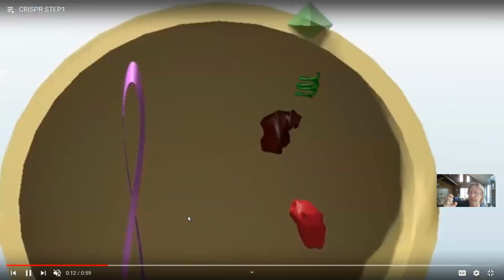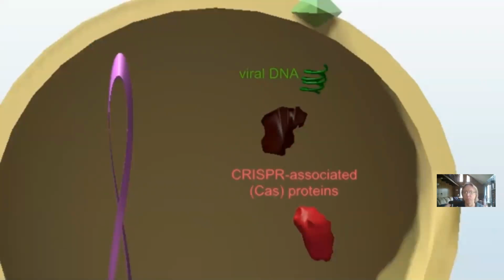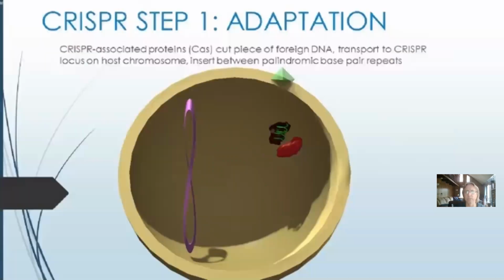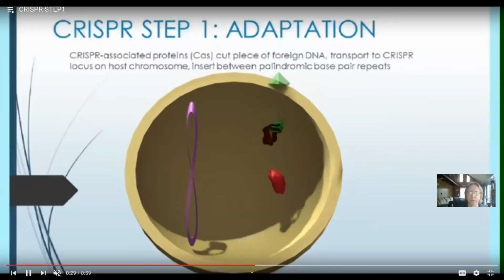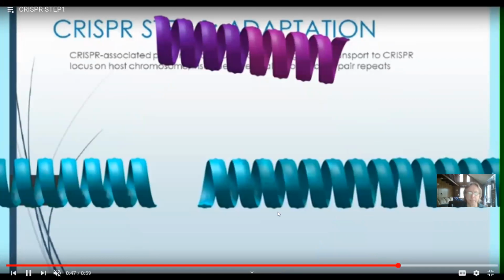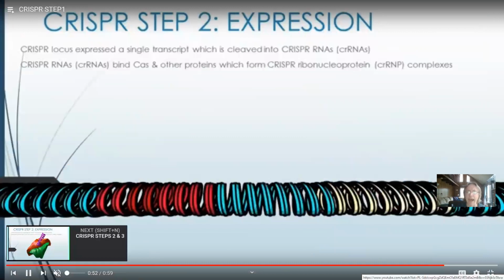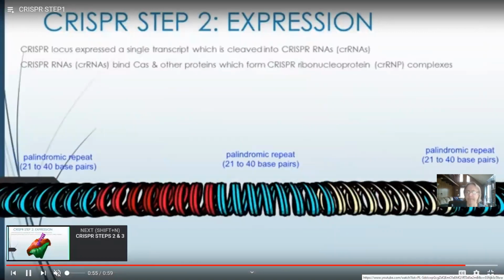So they're taking foreign DNA and inserting it into the host DNA, but at a specific site between palindrome sequences. There are these base pair repeats. A palindrome is something that reads the same in the forward and backward direction. So this foreign DNA is now part of the host chromosome between these palindromes. So step one was to get the foreign DNA at this spot.